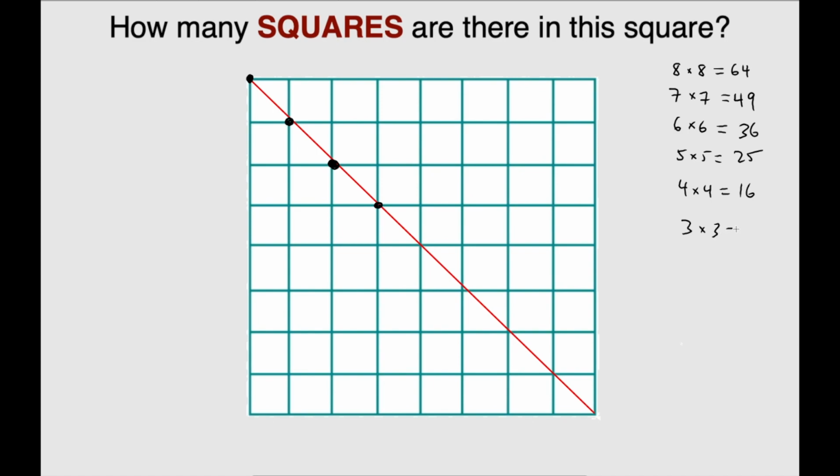Then we have 3 times 3, 9, 2 times 2, 4, and finally 1 times 1 will give us 1, right? And that's the largest possible square that you see. There are no translations allowed, because this largest square is contained within itself, right? It's circumscribed or inscribed, however you want to call it, in itself, so there's no way for it to have any more versions than just one.